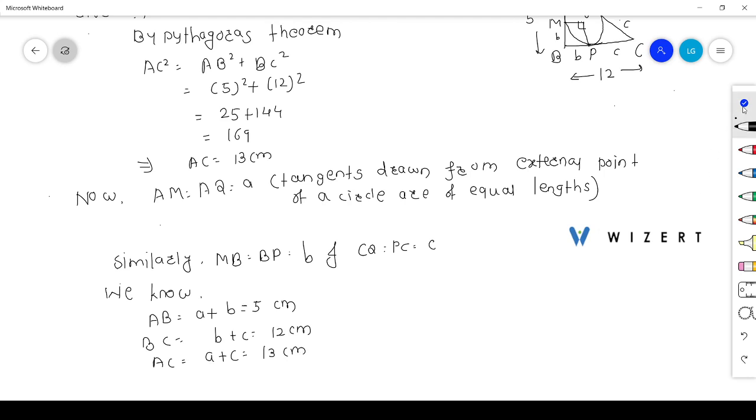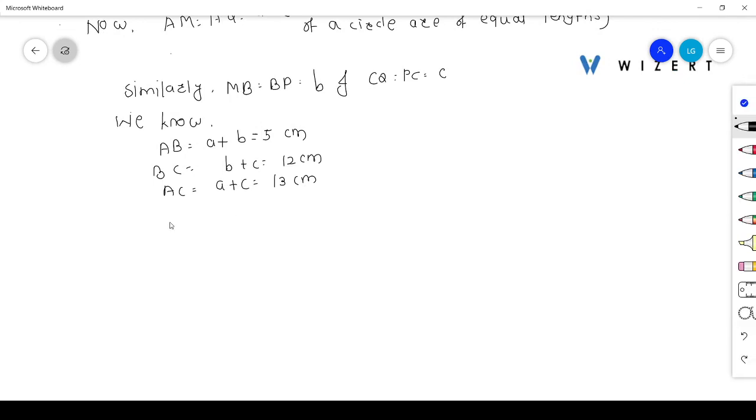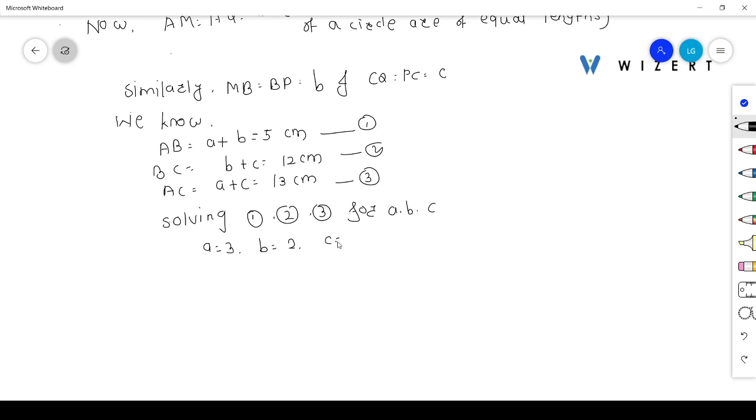So solving these three simultaneous equations for A, B, C, we get A equals 3, B equals 2 and C equals 10.